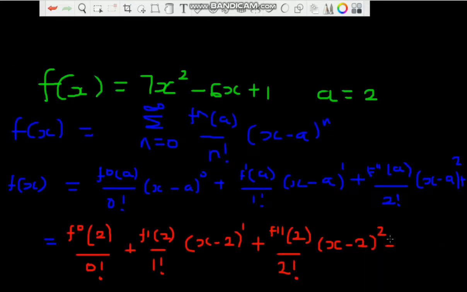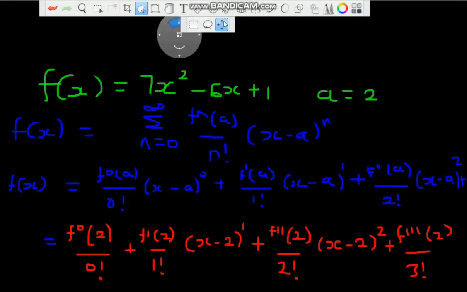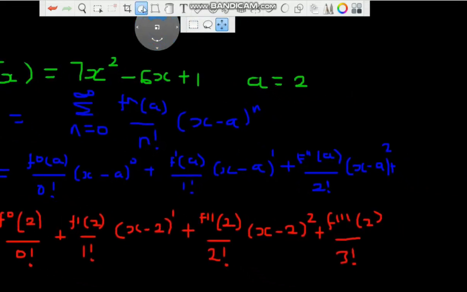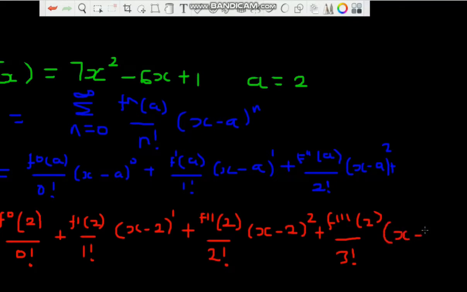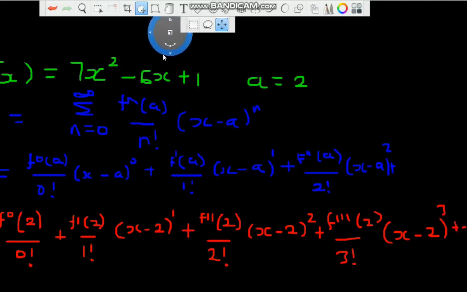So plus the third derivative of the function at 2 over 3 factorial, I think I'm short of space now, multiplied by x minus 2 to the power 3. So this will continue. So this will be the series.